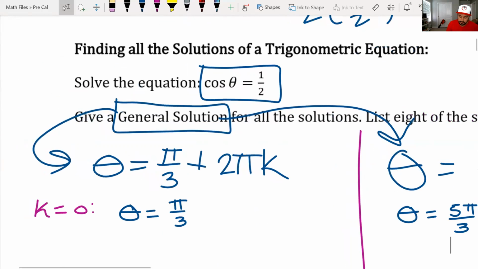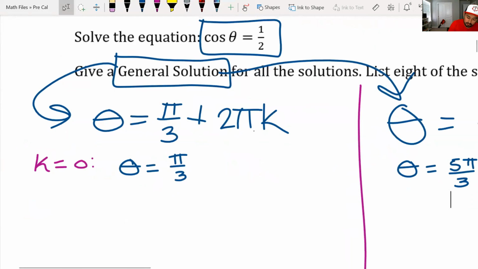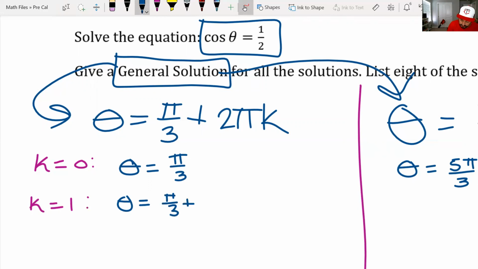Now let's go back. Let's make k equal to 1. Now we have some fraction work. Theta equals pi over 3 plus 2 pi.